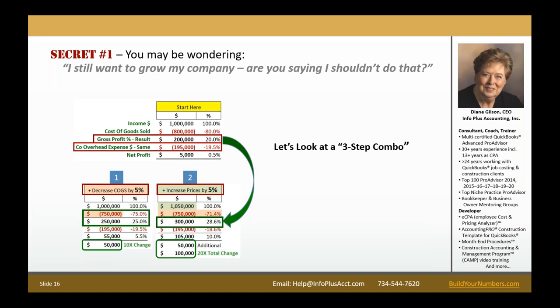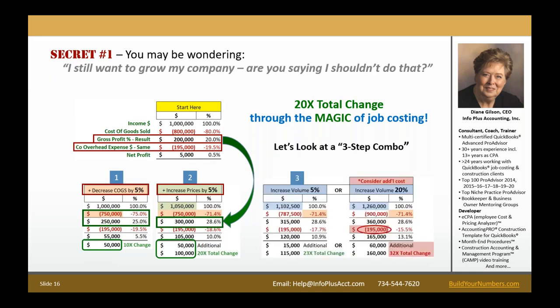Now that's an additional $50,000 worth of income. So now we've got $100,000 more on our bottom line than where we started. We've gone from $5,000 to $105,000. In this case, with these numbers, that's a 20 times total change in the bottom line through the magic of job costing.